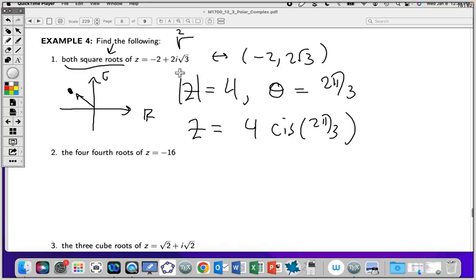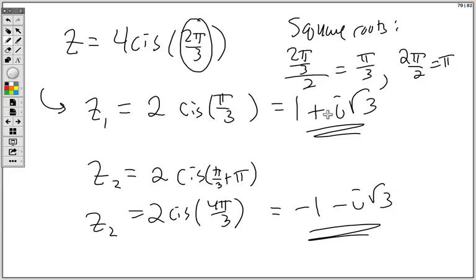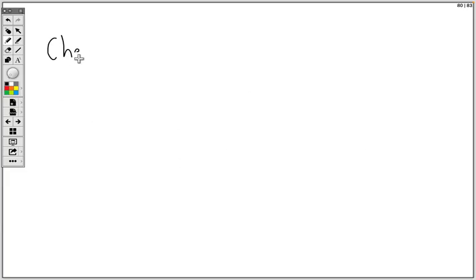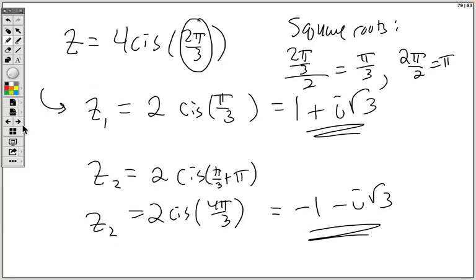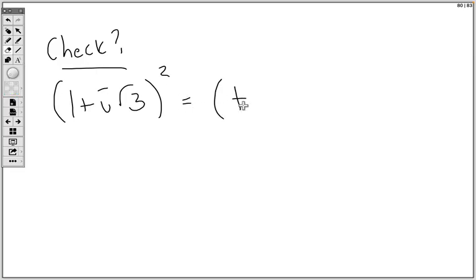Now let's just check one of them, just to show you that this is actually working. Let's take one of these and square it. So how could you check it to make sure that this wizardry is working here? Well, let's take 1 plus i square root of 3, squared. When in doubt, write it out.